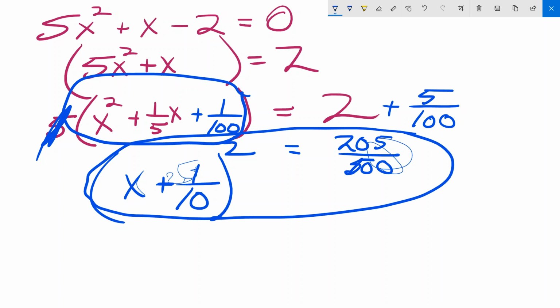This up above was equal to 205 over 100. And I had to divide that by 5. And that's how I got 205 over 500. Oh. Okay, in other words, there's a 5 up here. And the right side is 205 over 100.